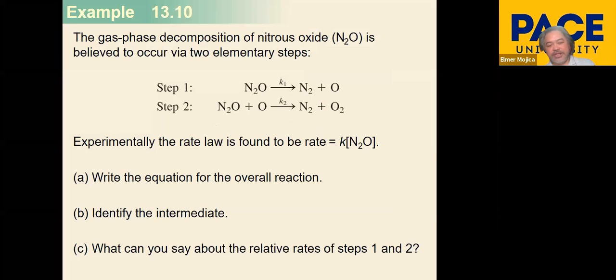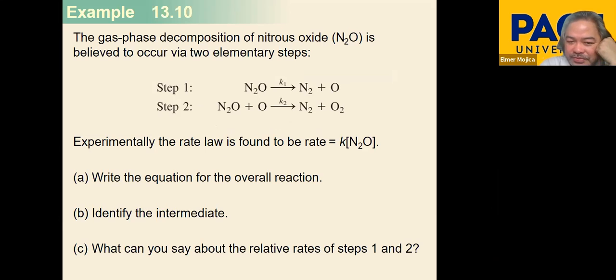Write the overall equation, identify the intermediate, and what can you say about steps 1 and 2 with regards to the given step, given the rate law is k[N2O]? Analyze.